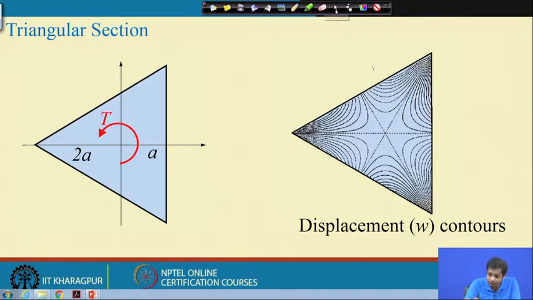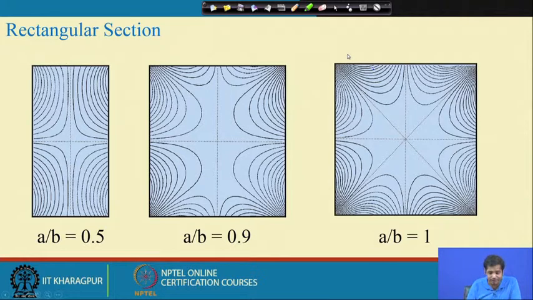Now, let us see, these are the 3 different cases. The last extreme one is the square, and the first one is the rectangular section with aspect ratio a by b of 0.5, where a is the smaller dimension and b is the larger dimension. Here it is close to 1, it is 1, and you can see how the distribution of the warping W takes different forms if you have a different cross section.